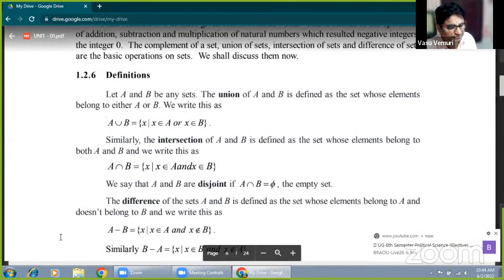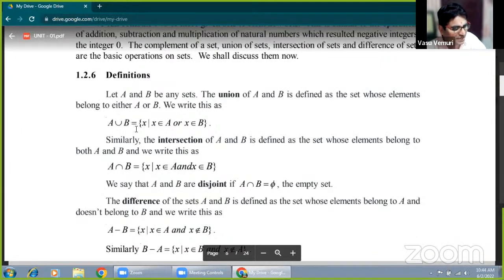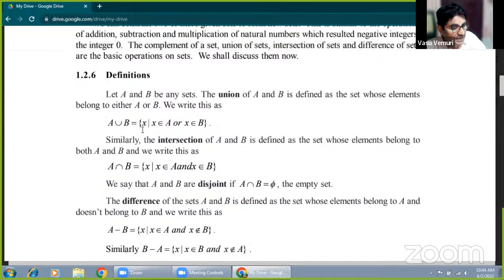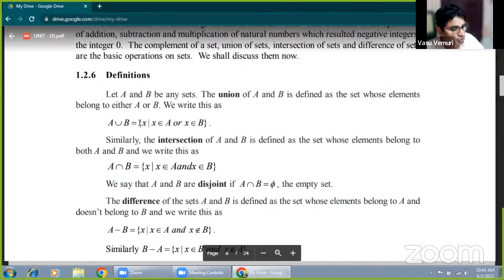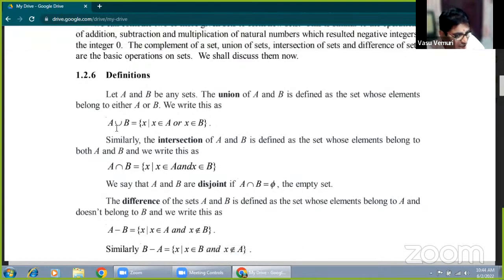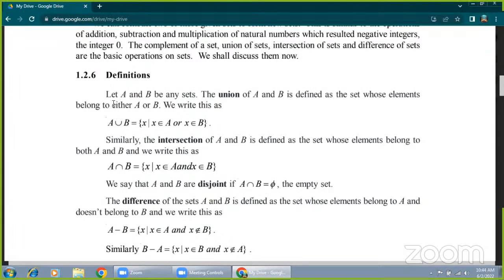What is the union of sets? The union is represented as A union B. It combines all the elements of both sets. Suppose A and B are any two sets. The union of the sets is the set whose elements belong to either A or B. Union means all the elements overall.